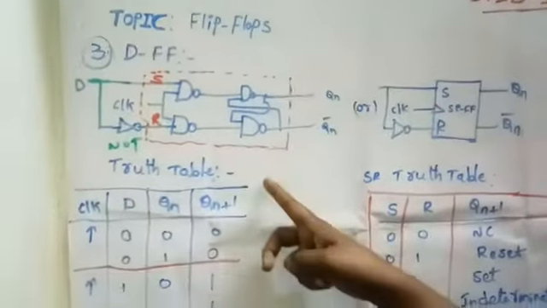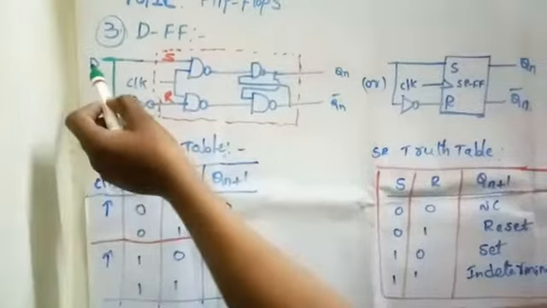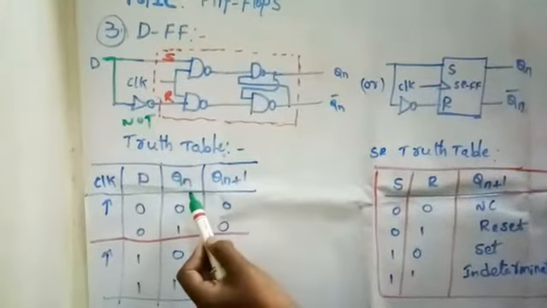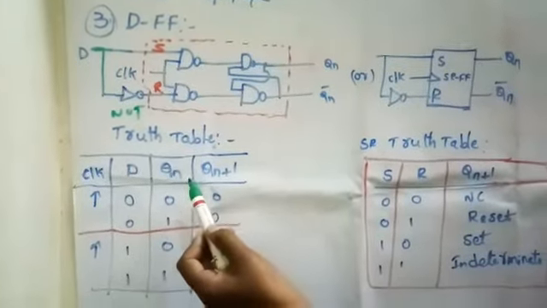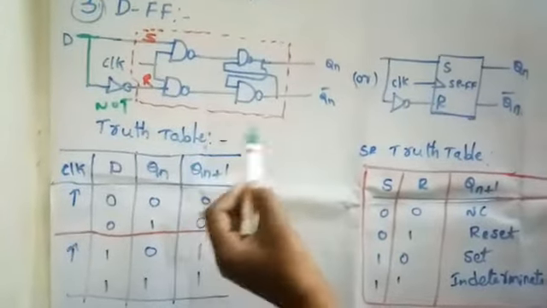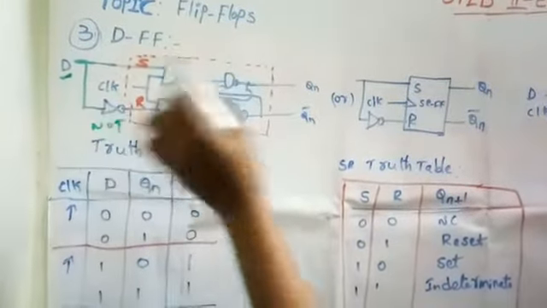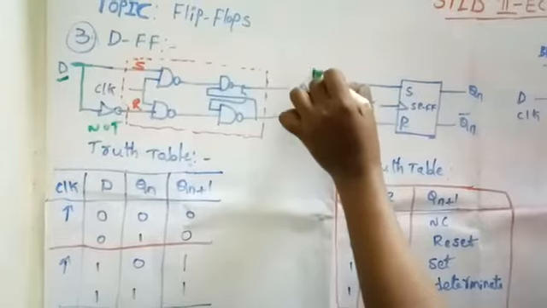And come to the truth table. In the truth table, we have the clock pulse and D as inputs, and another input is Qn, the present state. Already we discussed that in sequential circuits, the output depends on the combination of inputs. Here the inputs are D as well as the previous output, that is the previous state Qn.